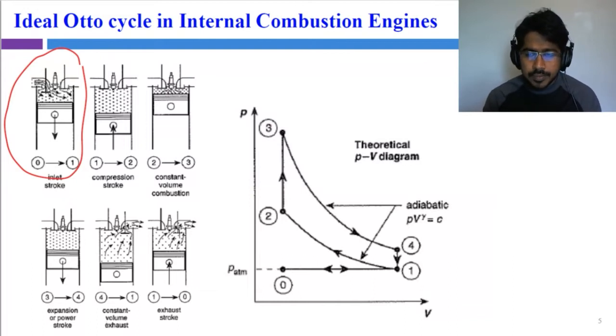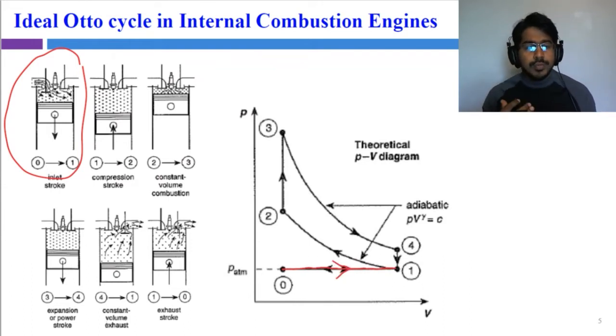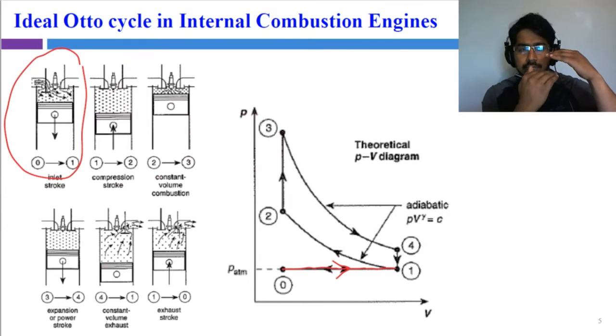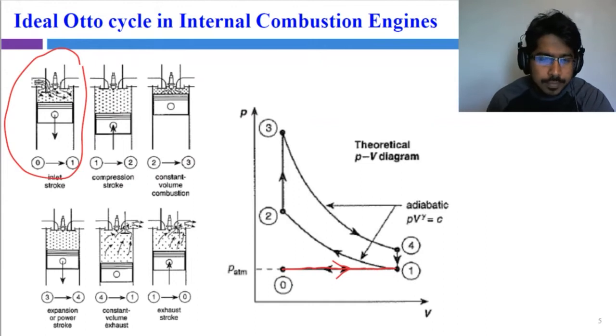Are we all agreeing? You can put it in the chat if you have any doubts. So the valve is open, so pressure is not going to build up, so we come this way. The volume is increasing because the piston is moving down, but no pressure builds up, from 0 to 1.